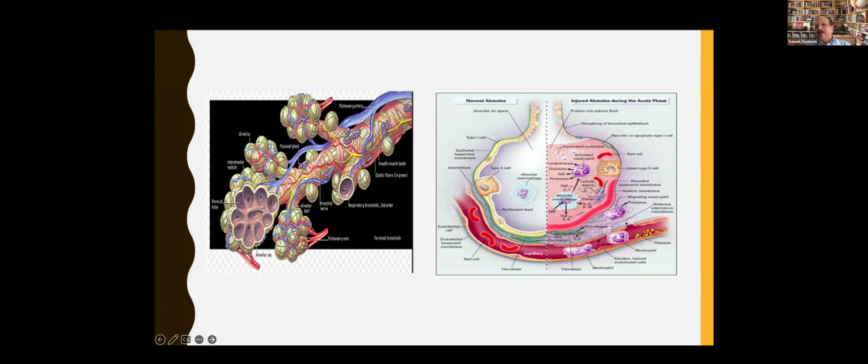So there is increasing fluid loss, capillary leak is taking place here, widening of the interstitium, and macrophages, neutrophils also present in the interstitium. So gas exchange becomes extremely difficult in view of this widening of the space, hyaline membrane formation, capillary leak, and not many RBC circulating over here.